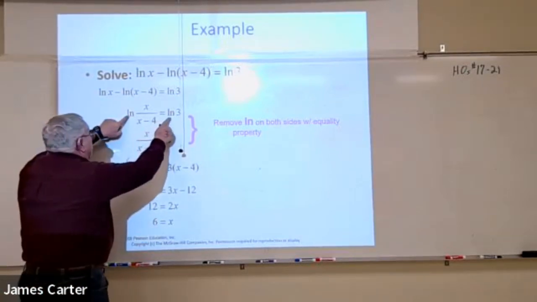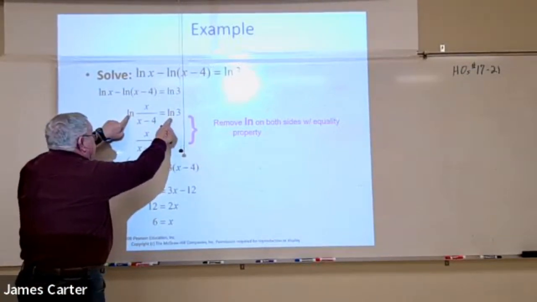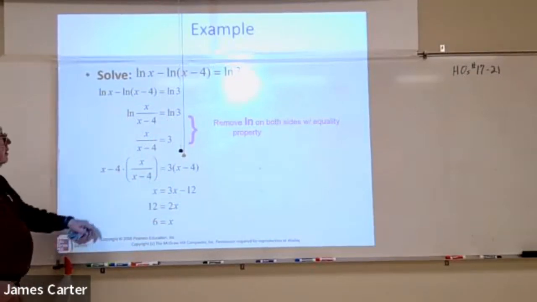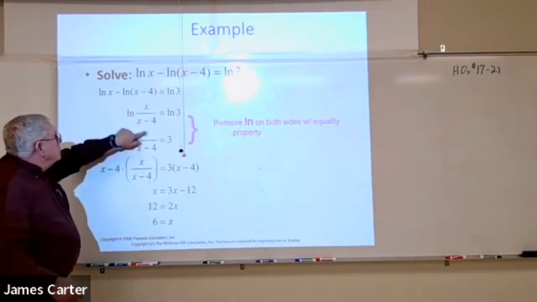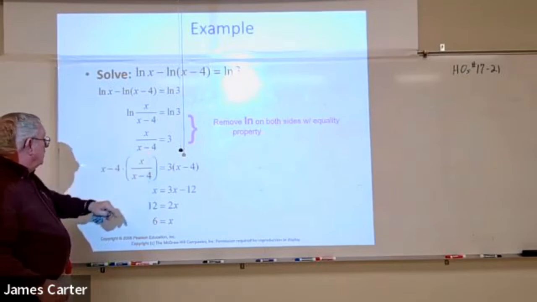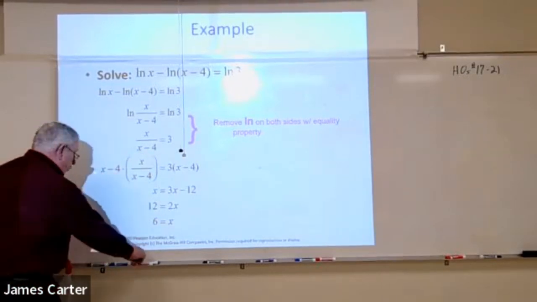I now have a natural log on both sides that I can remove. It just leaves this, just leaves that. What do I do? I multiply both sides by x minus 4.